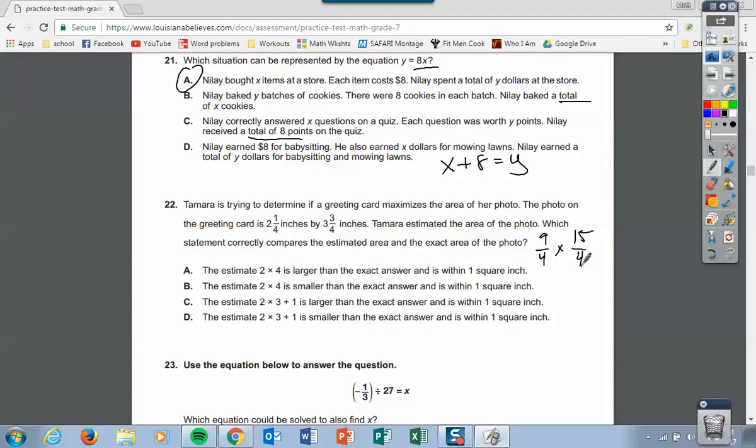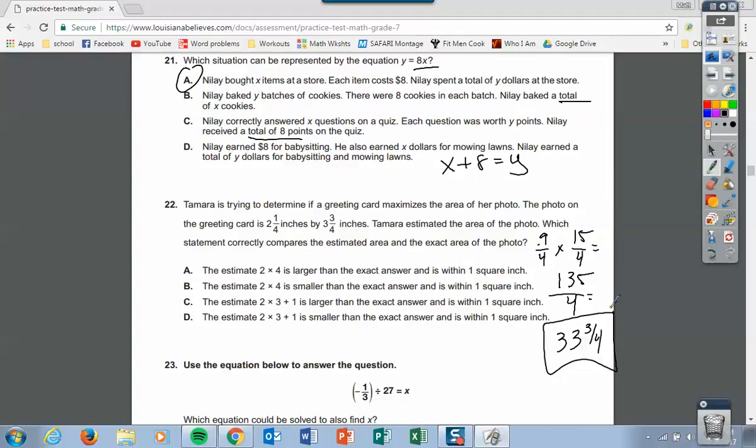When we multiply those together, 9 times 10 is 90, 9 times 5 is 45, we get 135 fourths.